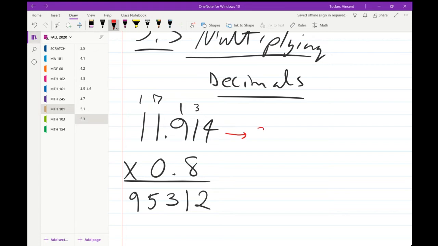Next, you count how many decimal places you have. You have 3 decimal places in the first problem, and then 1 decimal place. Add them together. That means I should have 4 decimal places in my answer. So my decimal will go right here.